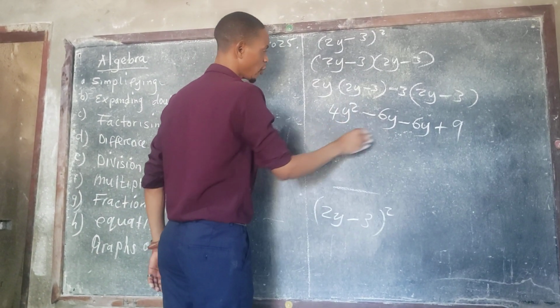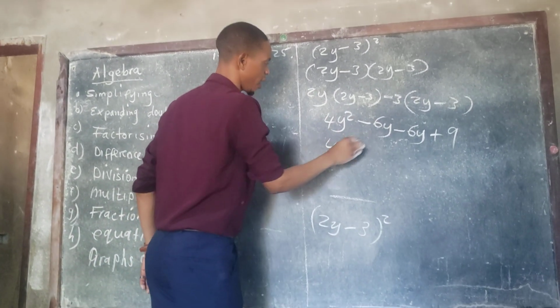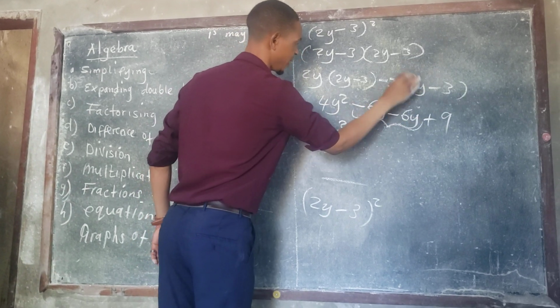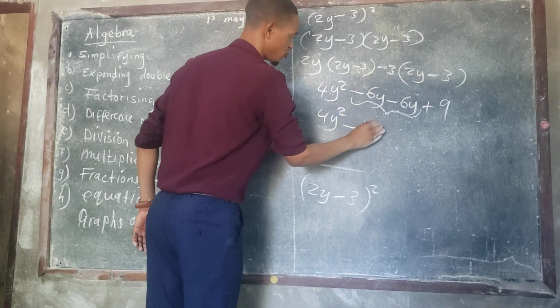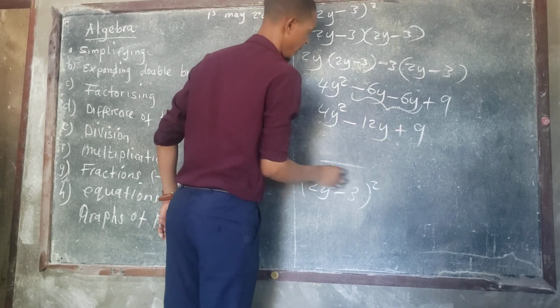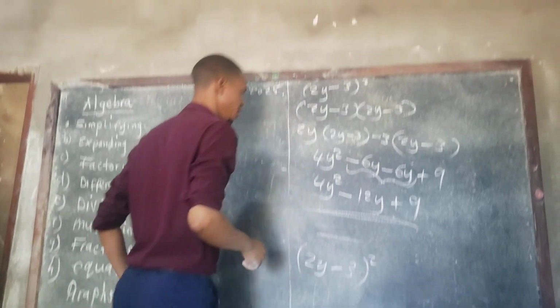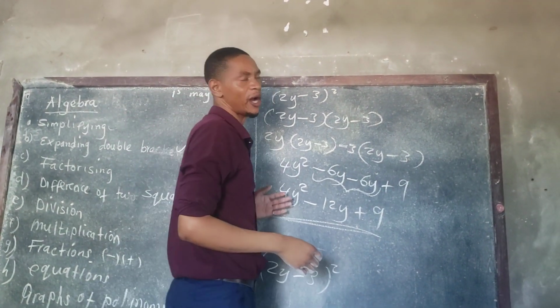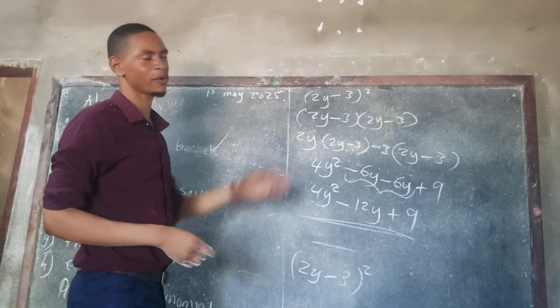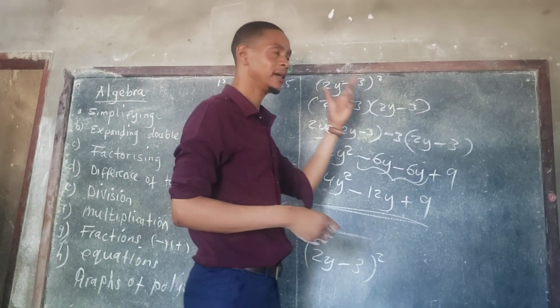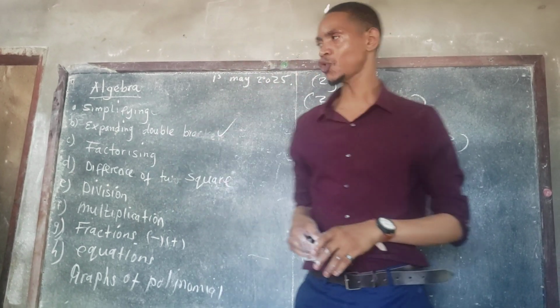So I collect the like terms. These are my like terms there. So I have negative, then add the numbers: 4y squared minus 12y plus 9. So this is my quadratic expression and my final answer to this problem, given (2y minus 3) raised to the index 2.